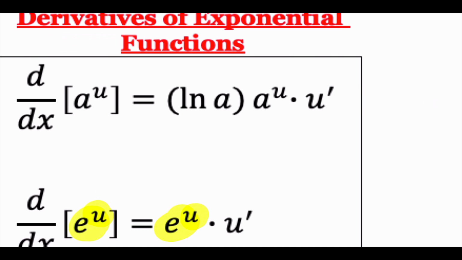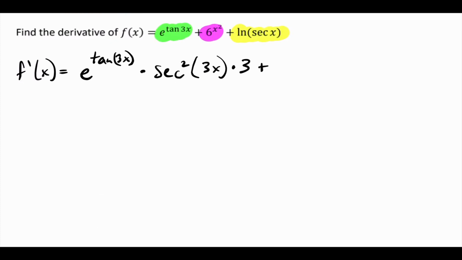So it says write the natural log of a, so that's the natural log of 6, times, rewrite it, 6 to the x squared power, and then the last thing is the derivative of the power, 2x, plus.